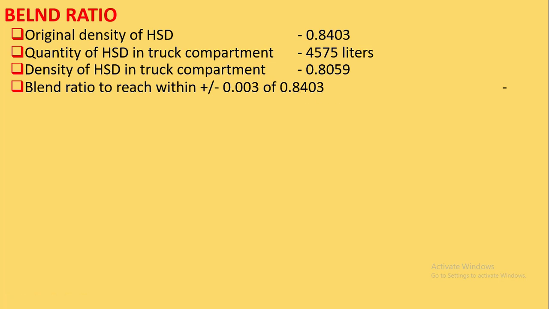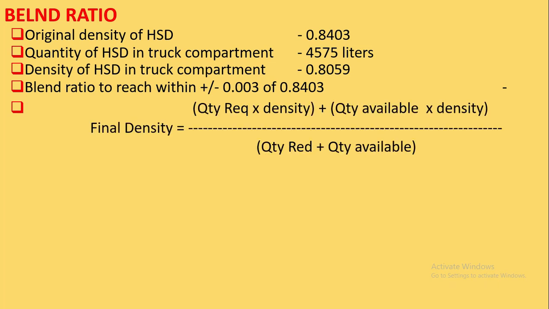How to arrive at the blend ratio? A theoretical formula is given here. The final density multiplied by the quantity required, meaning how much quantity we have to mix into this product, equals the density of the product supplied by the terminal or depot multiplied by the quantity available.